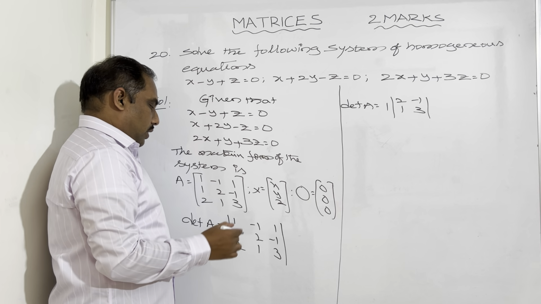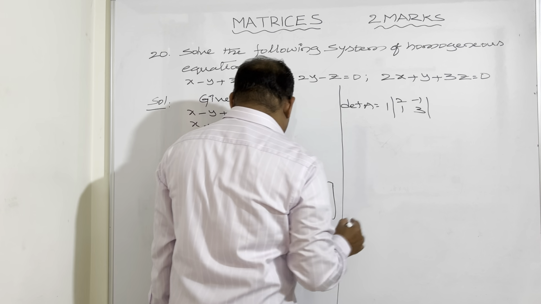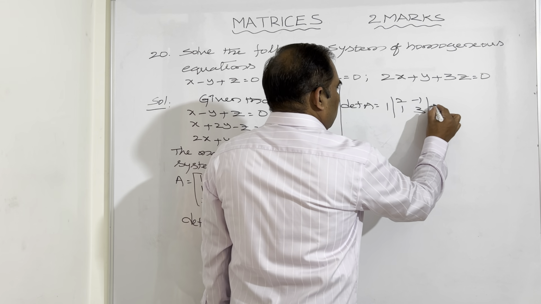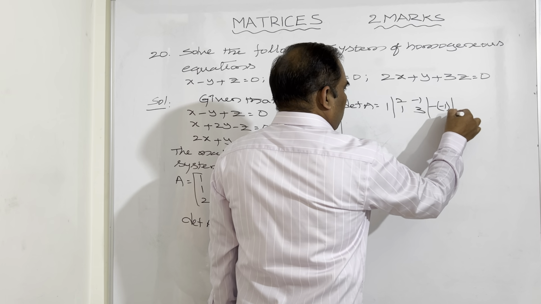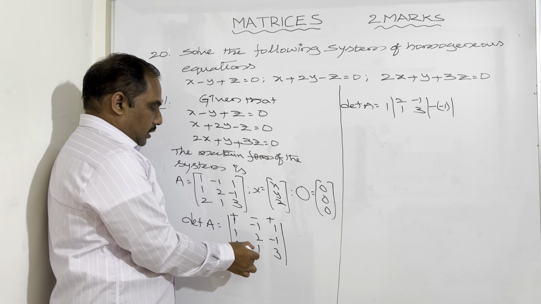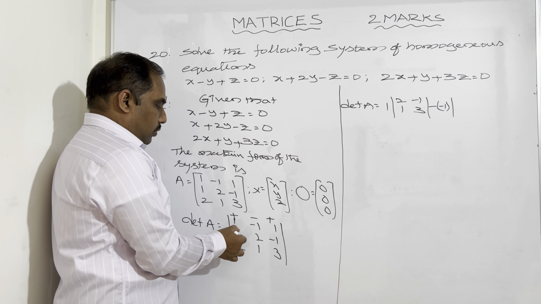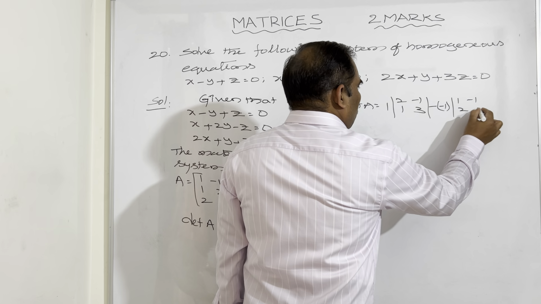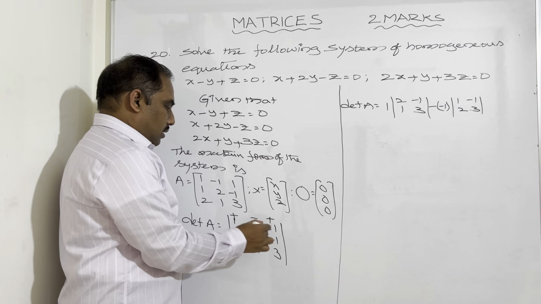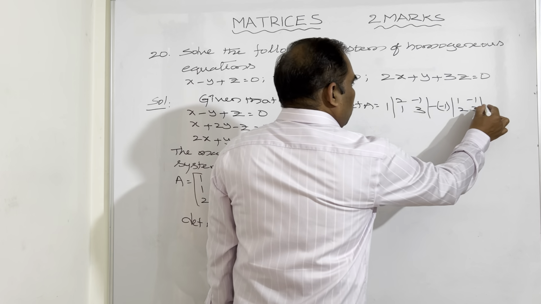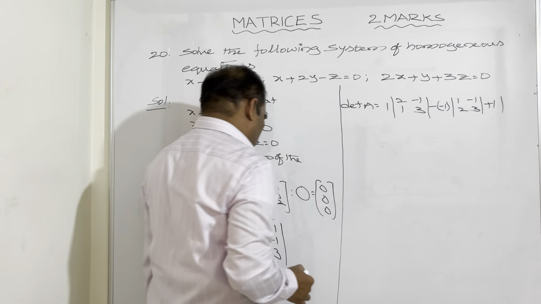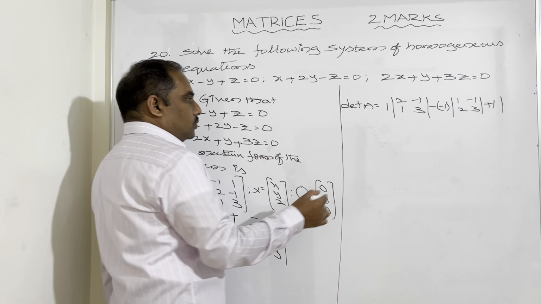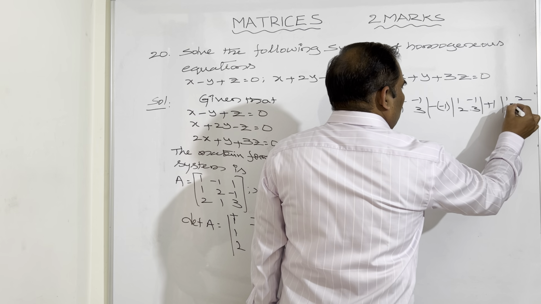Next the second element, with a minus sign: minus of minus 1 into the determinant of 1, minus 1; 2, 3. The last element with a plus: 1 into the determinant of 1, 2; 2, 1.